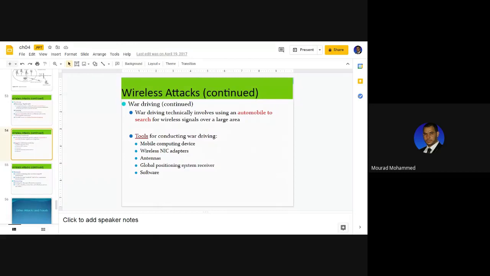It means you are committing a crime. War driving is a digital crime. You have to be aware of that. Scanning for wireless networks is a digital crime. Before doing the scanning for wireless networks, you have to ask for permission.